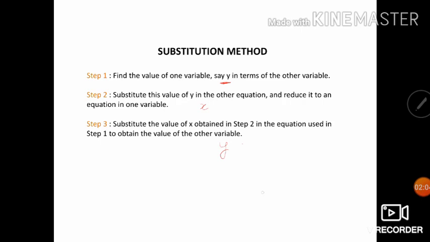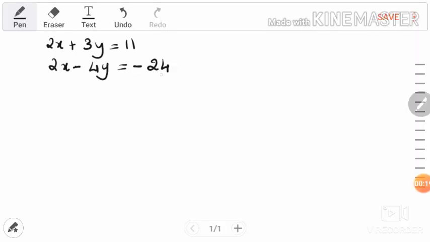Let's solve an example to understand this method better. Let us first check if the equations are in their standard form. It is okay if the constant term is on the right hand side. These two equations are in the standard form. Now, if you look at the second equation, all numbers, that is the coefficient of x, coefficient of y and constant, are even numbers.